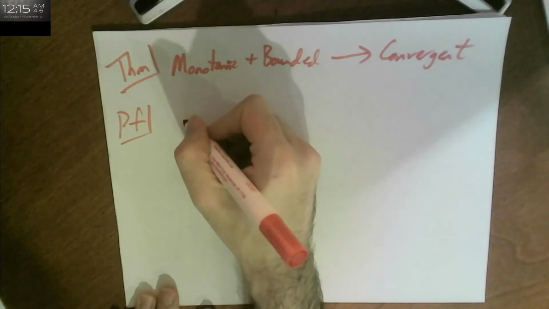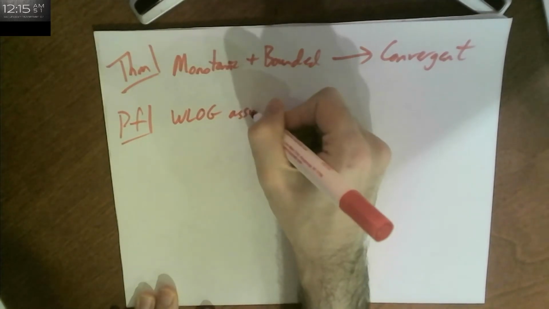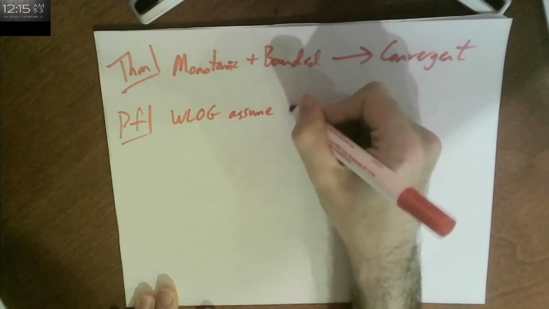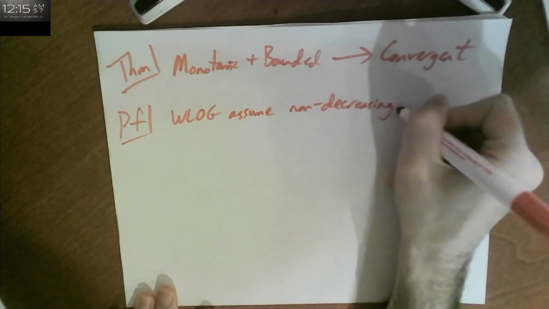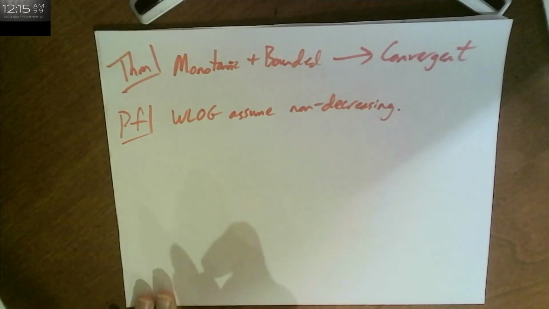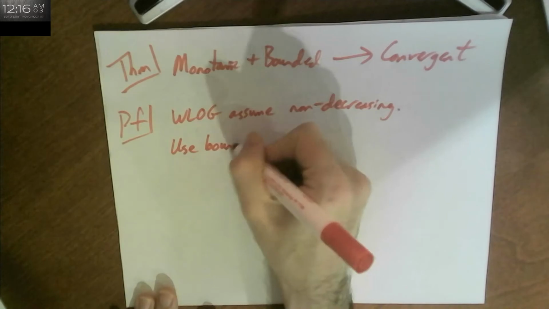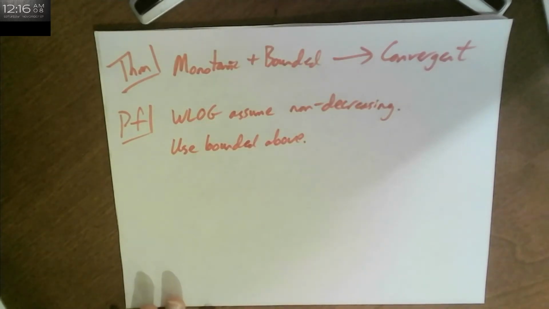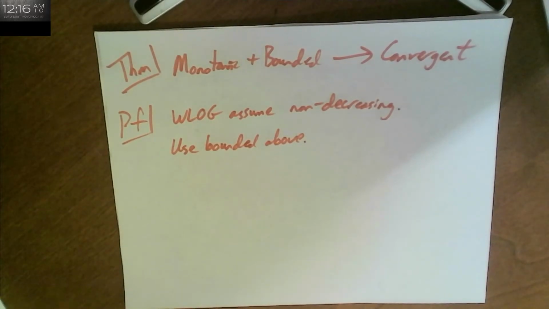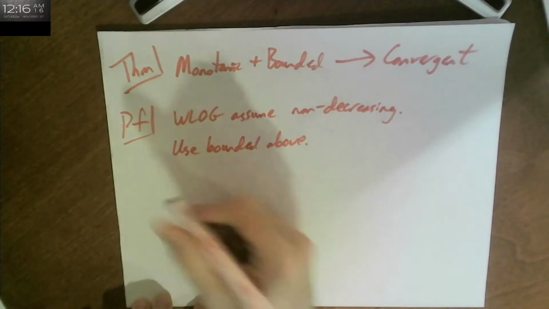Without loss of generality, assume non-decreasing. We're going to assume this function's going up, not down. And then we're going to use that we are bounded above. If we wanted the non-increasing version, we would use bounded below. Okay? Bounded means both, remember. So what's this tell us?